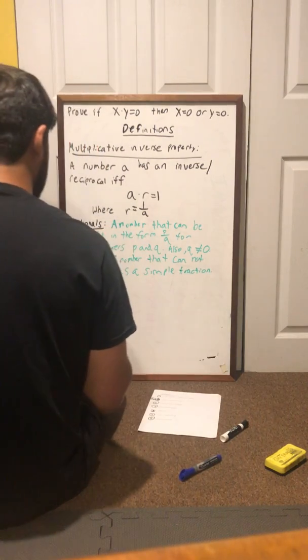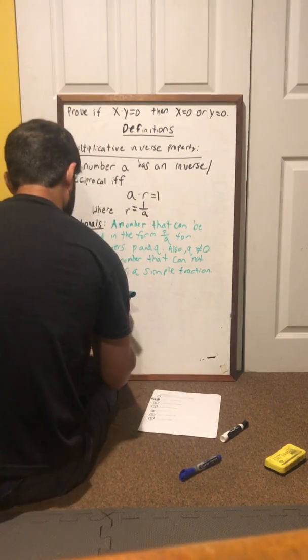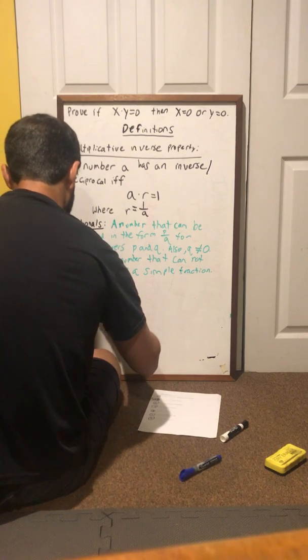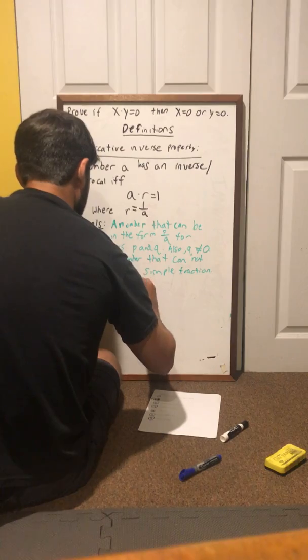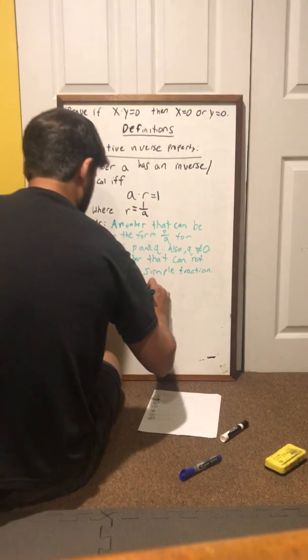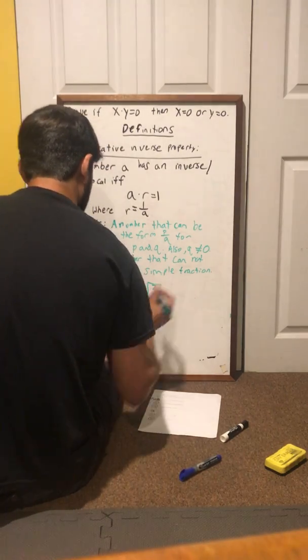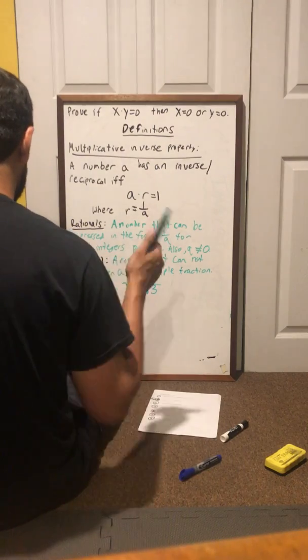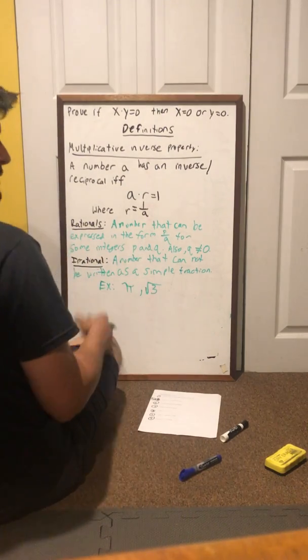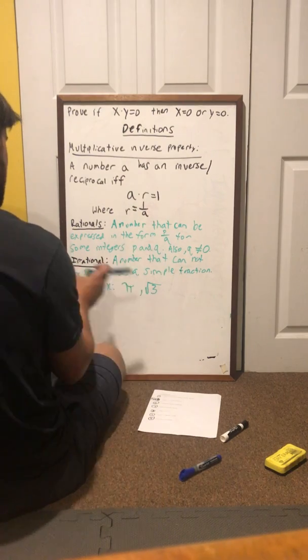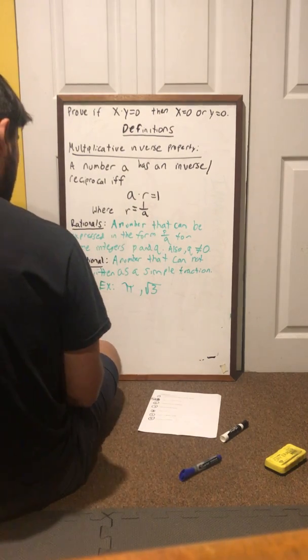So some famous examples of irrational numbers, okay? Examples, we're going to say pi, all right? And we can also say radical 3, all right? There's many more, all right? But irrational numbers, they do not stop and they do not repeat, okay? So that's what makes an irrational number very unique, all right?